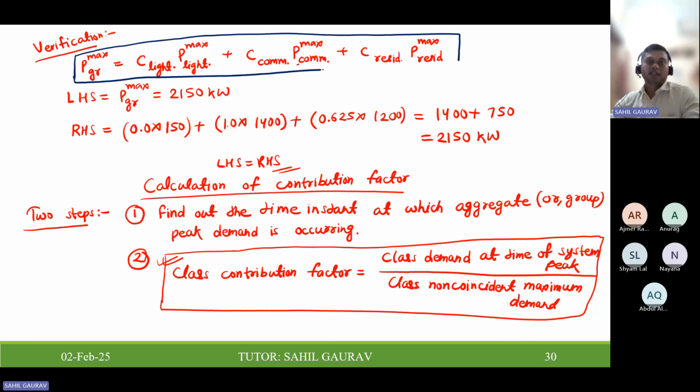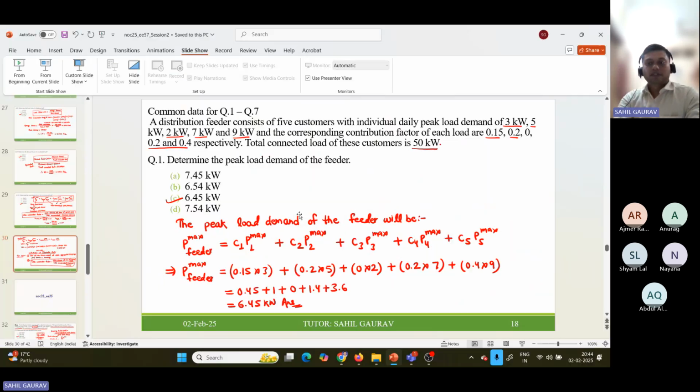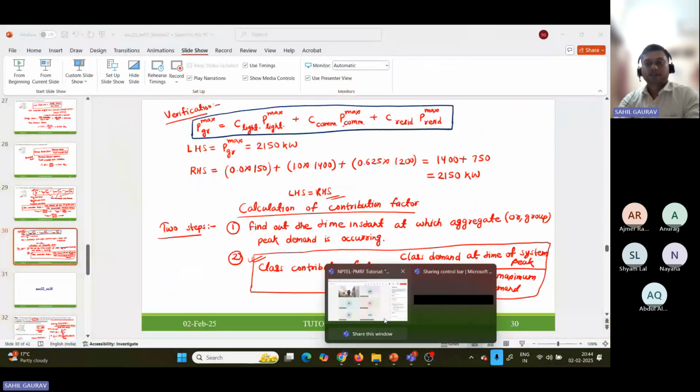So you can apply this expression after finding the contribution factor of different types of loads. You will get it verified. I have also verified, and in the summary I have written the steps, meaning how you can find the contribution factor for different types of loads from the table. So this is for assignment 2023.